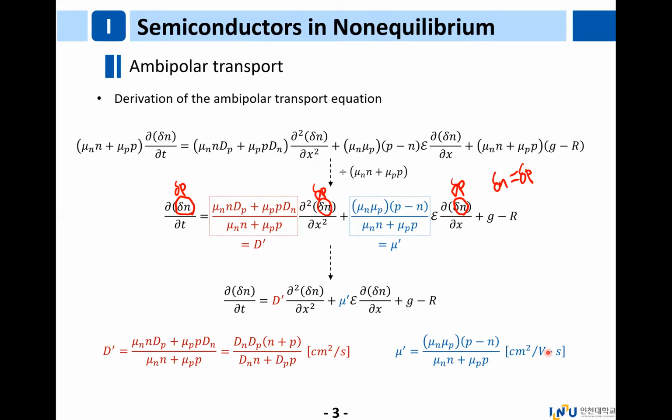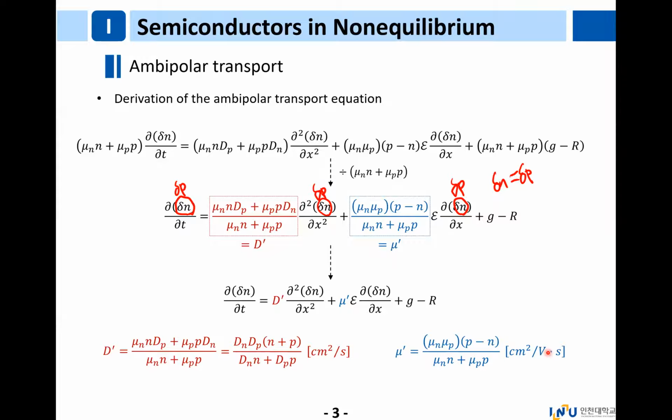In summary, we simplify the continuity equation for excess electrons and excess holes to eliminate the dependence on the electric field.